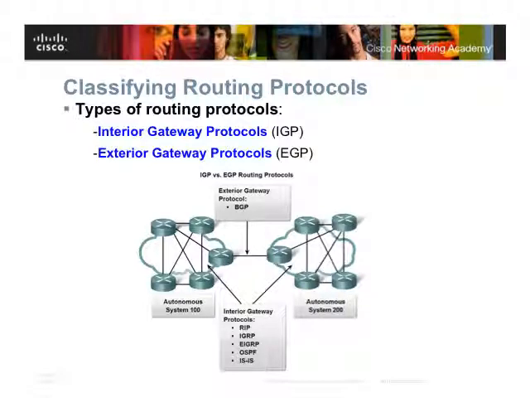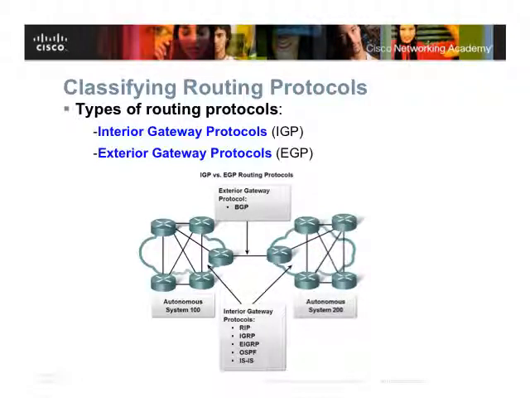Based on that autonomous system, we can then understand the difference between interior and exterior gateway protocols. Interior here means interior with respect to the autonomous system. So interior gateway protocol defines the routing protocol internal to the autonomous system, whereas exterior gateway protocol defines the routing protocol that facilitates the communication between two autonomous systems.